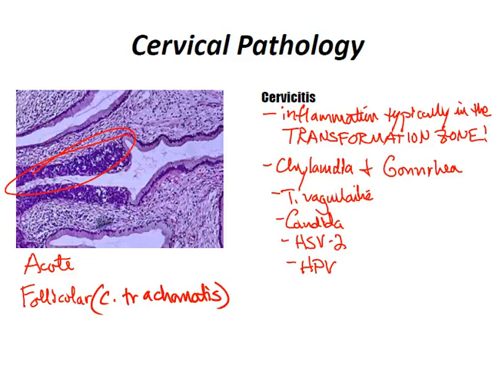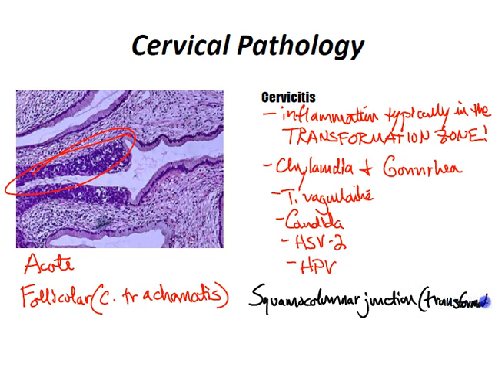So let's write that in there. The squamo-columnar junction. Now, it must include both metaplastic squamous cells and mucus-secreting columnar cells.